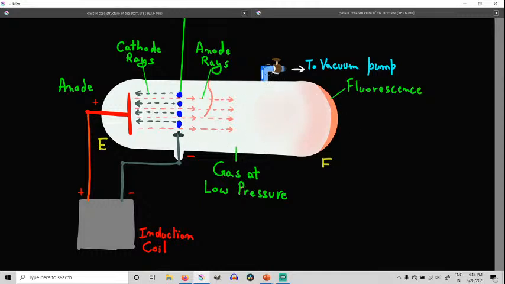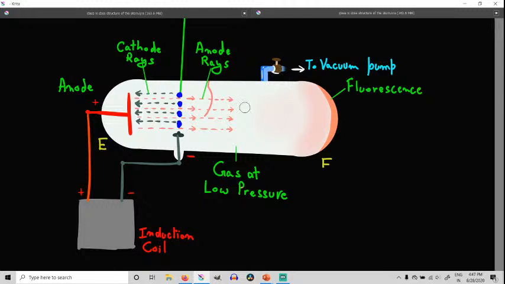You can see there is a vacuum pump also. Why have we used this? One side tube is there to adjust the pressure inside the discharge tube, so that we can increase or decrease the pressure inside the discharge tube. Understood?